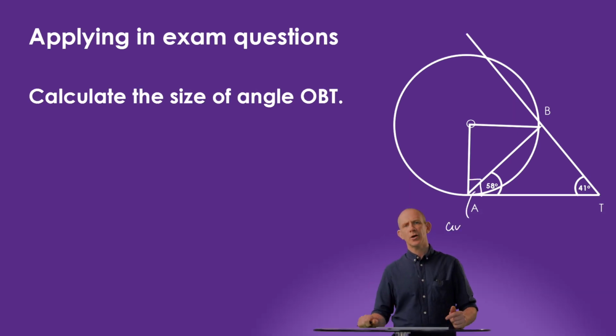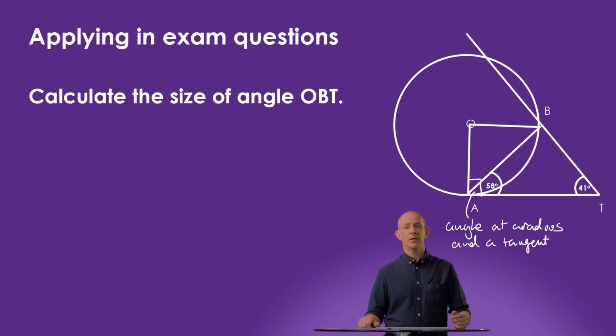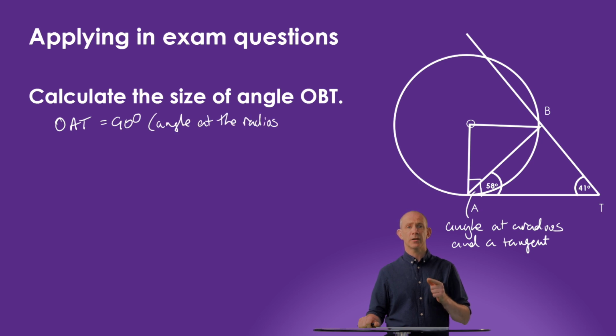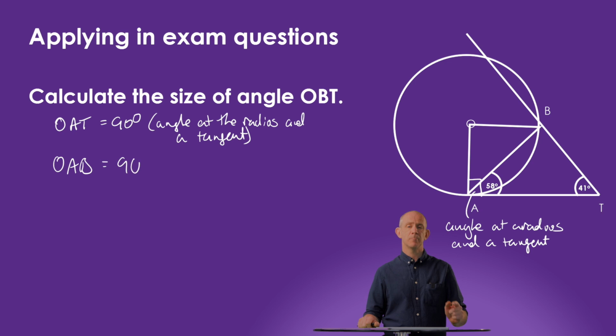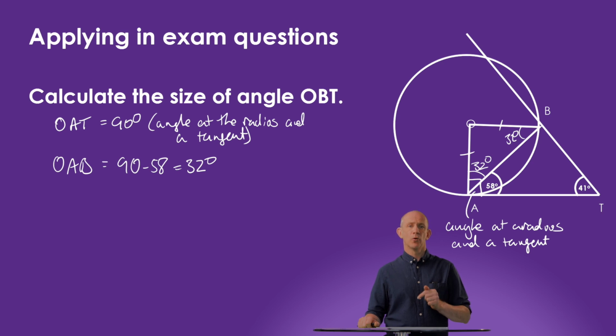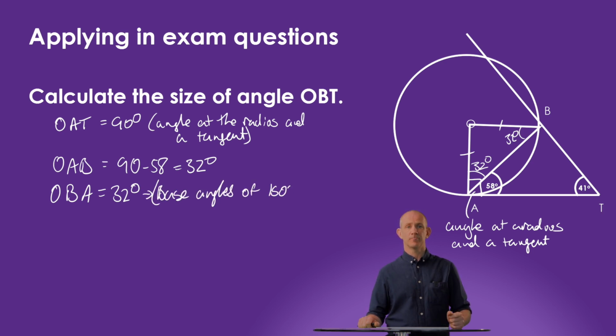We know that OAT will be 90 degrees, as it's the angle between the radius and a tangent. OAB will equal 90 minus 58 degrees to give us 32 degrees. As this will form an isosceles triangle due to the two sides of the triangle being radii, we can say that OBA must also be 32 degrees, as those are the base angles of the isosceles triangle.